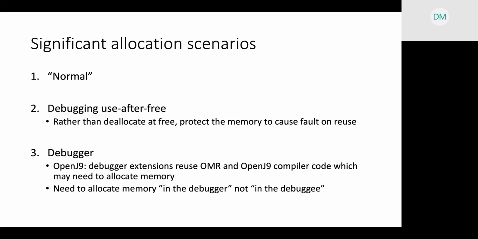And when you're running in the debugger, you need to allocate that memory in the debugger, not in the memory of the debuggee, because that would just be wrong. So these three scenarios are already supported by our memory allocation routines, and they have to be taken into account when you're changing anything that affects them.